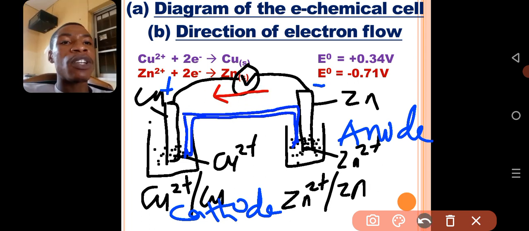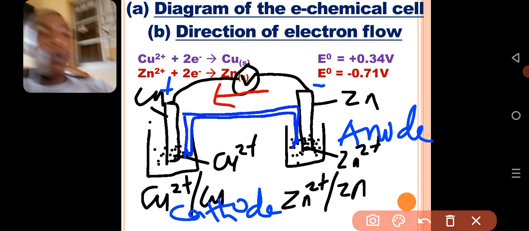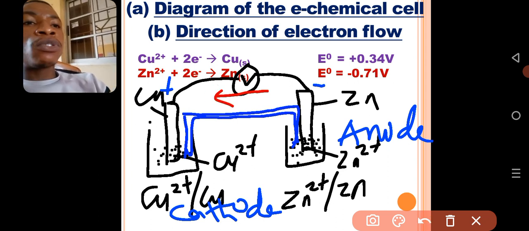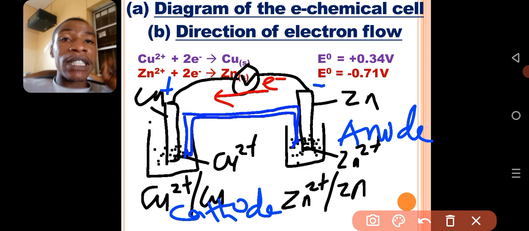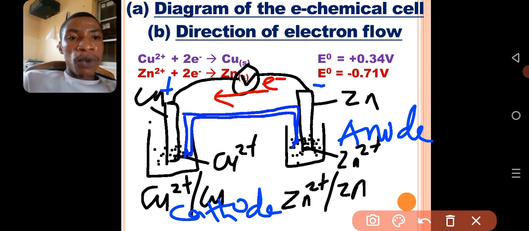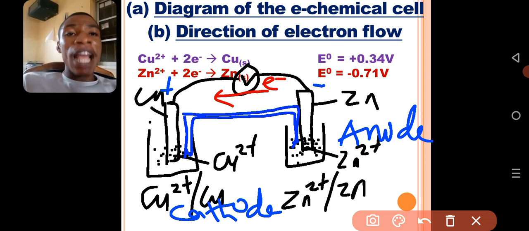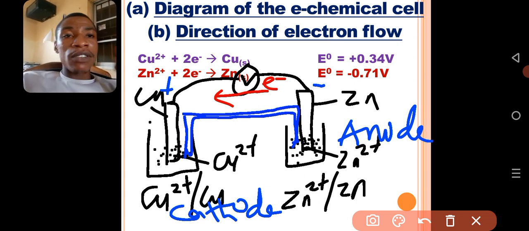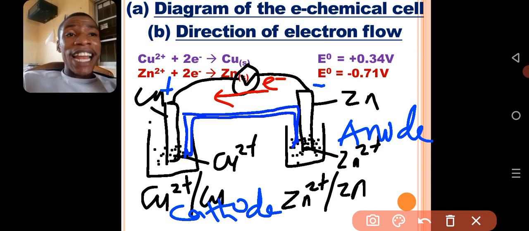So that's the direction of electron flow from the anode to the cathode. All the time, electrons will flow from the anode to the cathode. Take note of that. So we have answered questions A and B. We have drawn the cell, and then we have also shown the direction of electron flow.